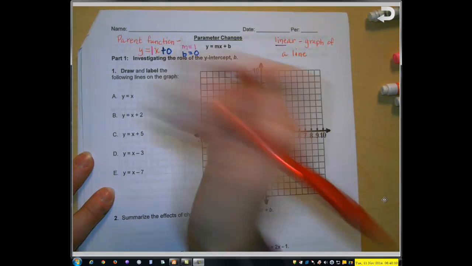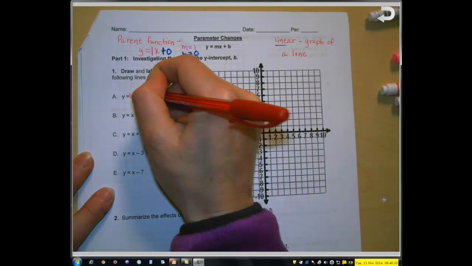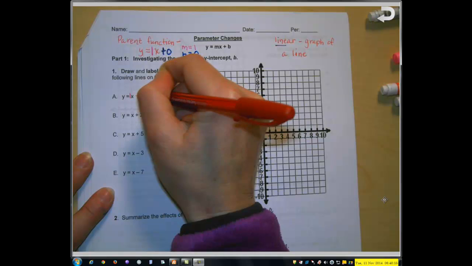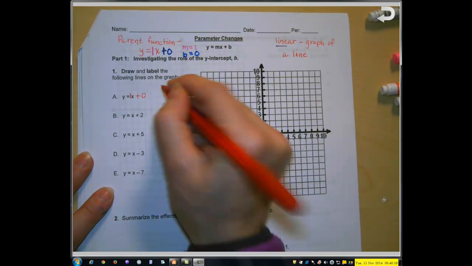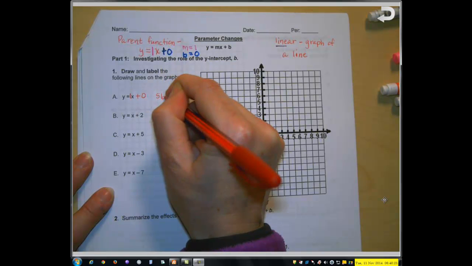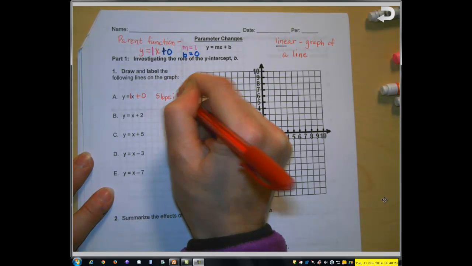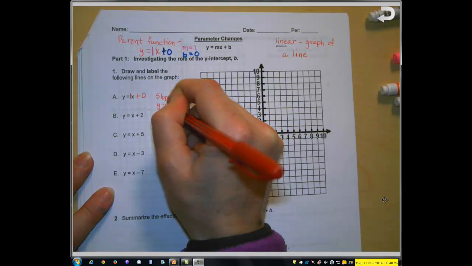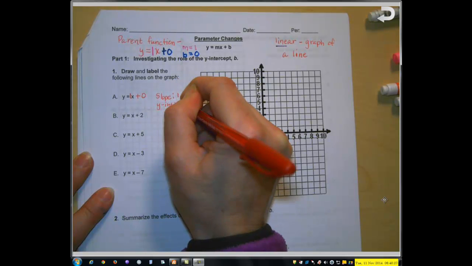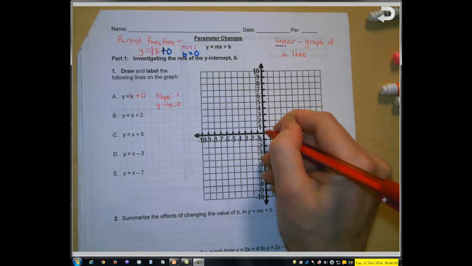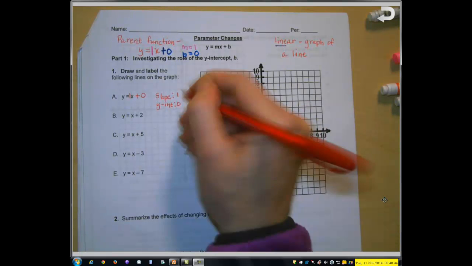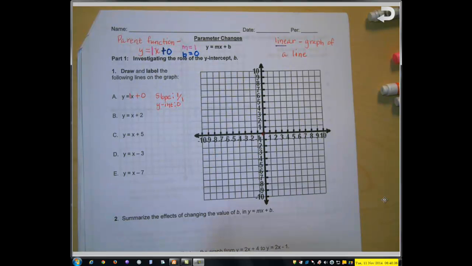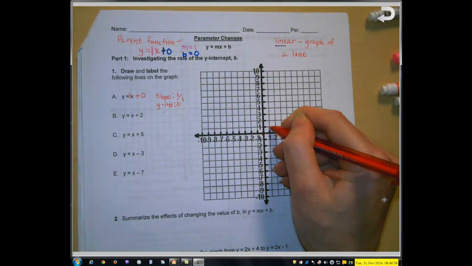So the first line we're going to graph is y equals x. And we already said that the slope of that is 1 and the y-intercept is 0. So this has a slope of 1 and a y-intercept of 0. So we'll start by graphing the y-intercept. The slope would be 1 over 1, so we'll go up 1 and right 1.